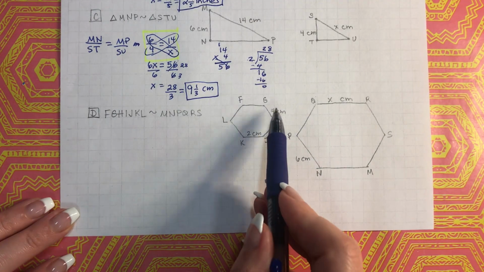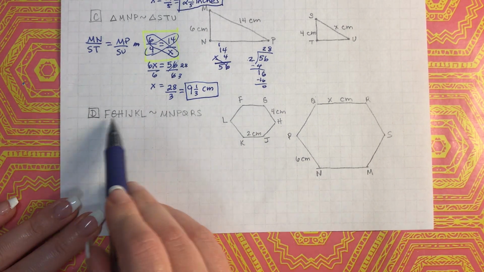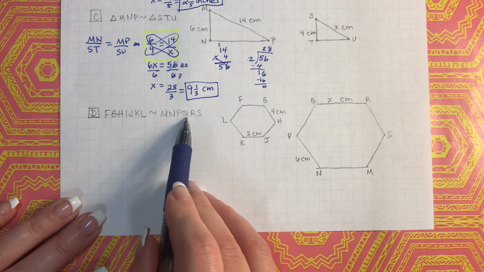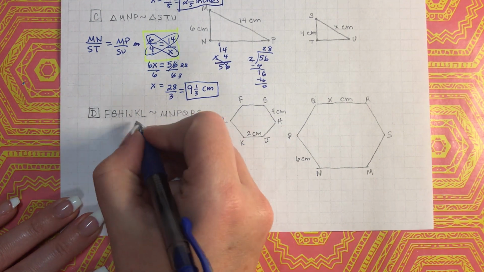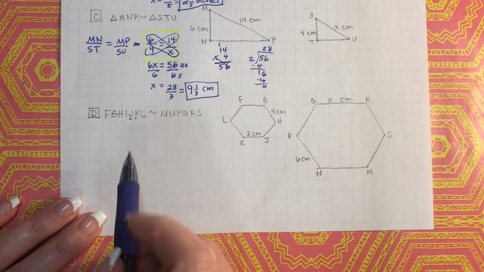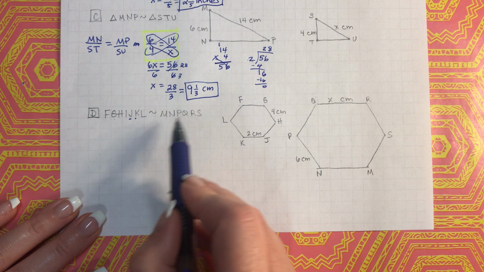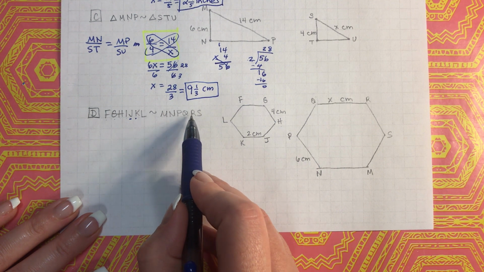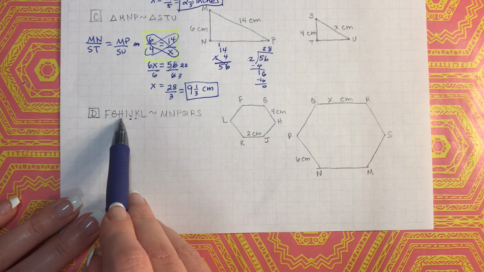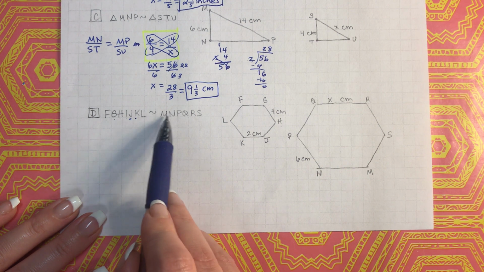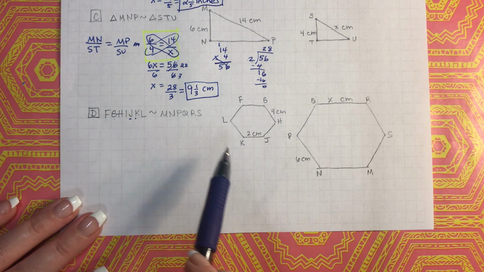What is this? 1, 2, 3, 4, 5, 6, a hexagon, 6 sides. Okay, so the same is true. This is similar to that. Let's see what we have, KJ. So KJ is the first, second, third, fourth, fifth, and sixth. Wait, why is there an extra letter in here?